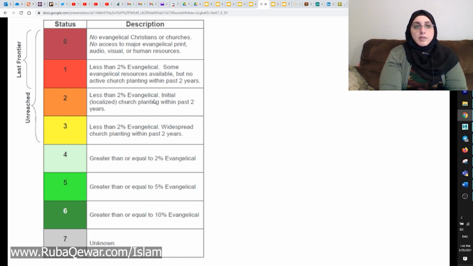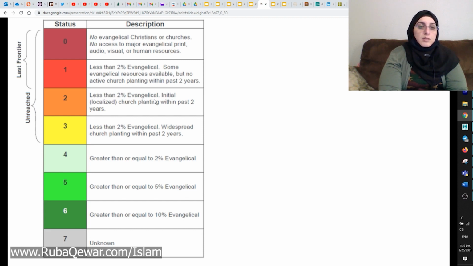When it is red, that means we have less than 2% evangelicals, some evangelical resources available, but no active church planting within the past 2 years. The orange means less than 2% evangelical, with initial localized church planting within the past 2 years. Yellow means less than 2% evangelical, with widespread church planting within the past 2 years.